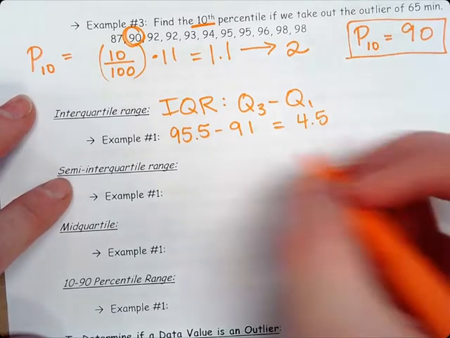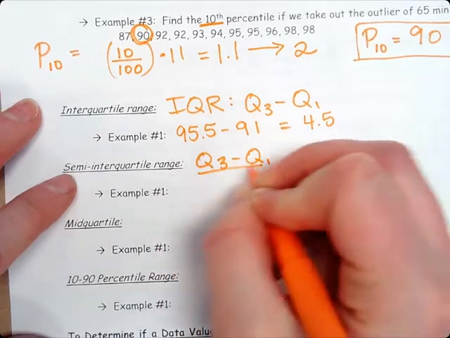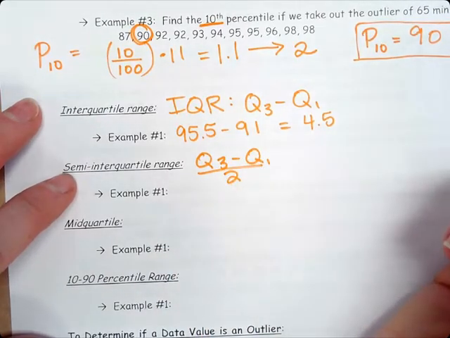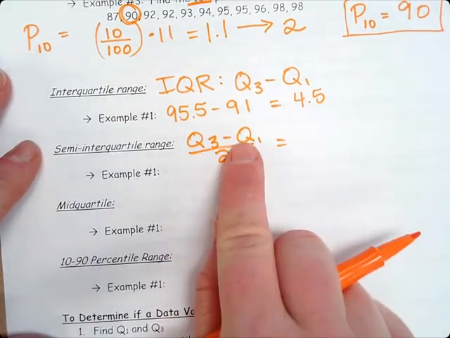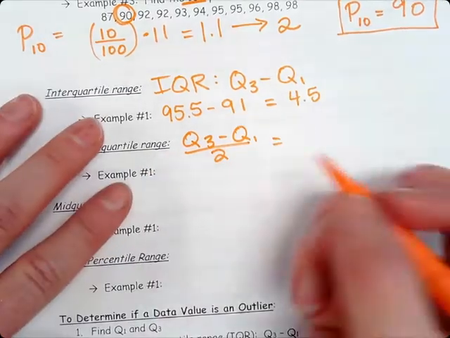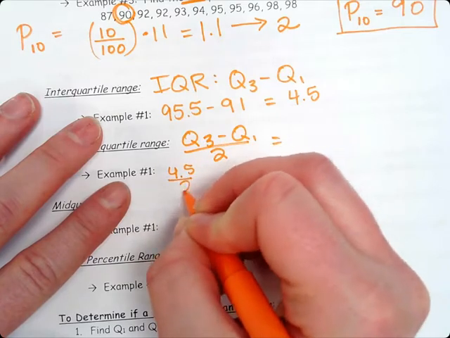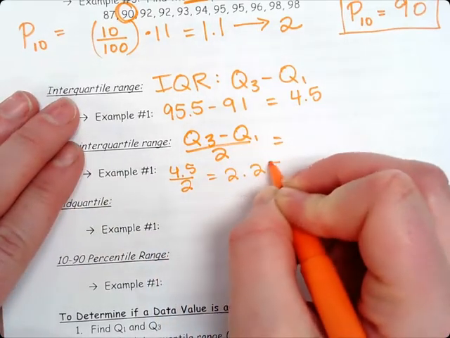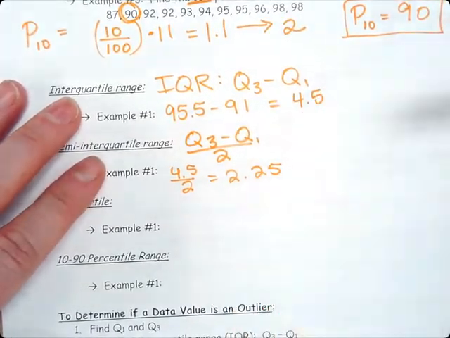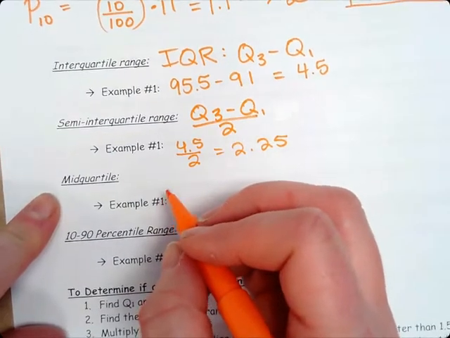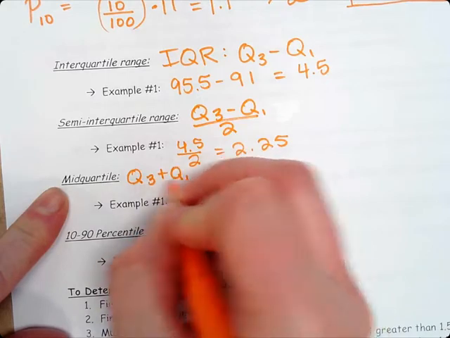The semi-interquartile range, you are going to do quartile 3 minus quartile 1, and then divide by 2. So we already found our interquartile range. So on our example, we already subtracted those. So this one would be 4.5 divided by 2, giving us 2 1/4. Mid quartile, this time you're going to add quartile 3 and quartile 1 and divide by 2.